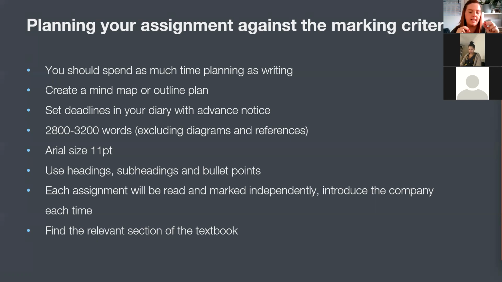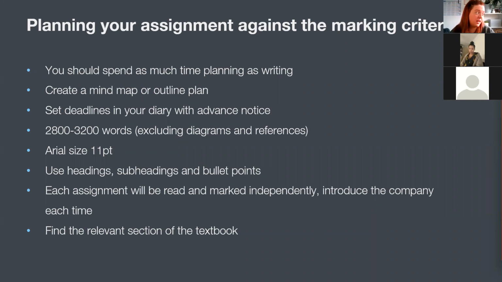I could talk about X, Y, and Z. I've seen this in the news, or I've done this, and then I just write it all down because I will forget otherwise. So get all of that on paper. And also it helps that when you're writing your assignment, you can go back to that and think, have I included that? Did I forget it? So do that initial brain dump, get everything down on paper.